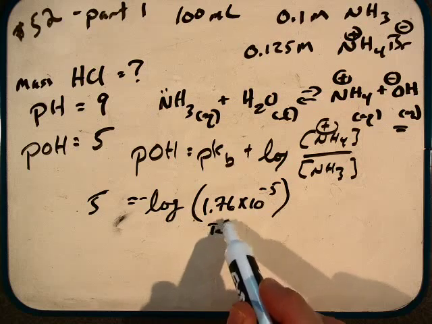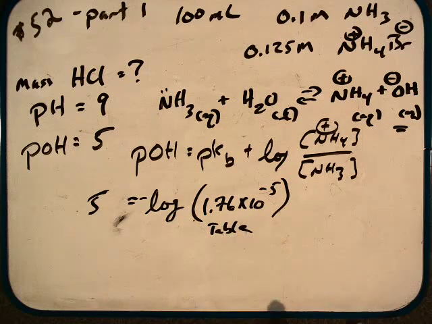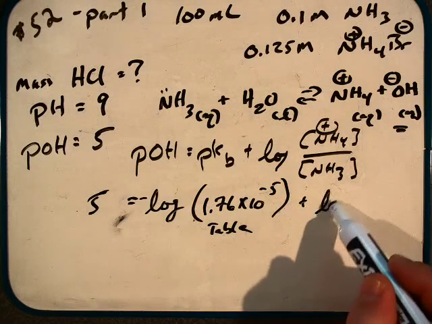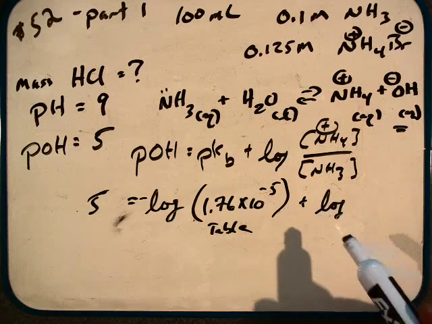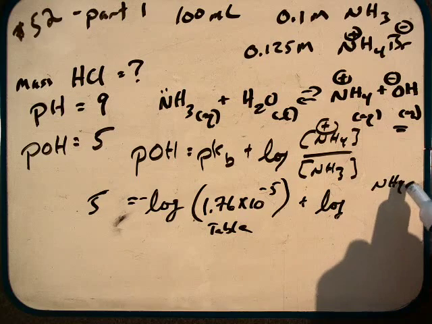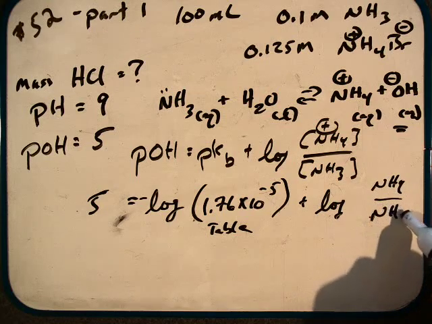Now our Kb we're going to have to get from a table. That 1.76 times 10 to the negative fifth comes from the Kb table, and then we would add the log of again this ratio, NH4 to NH3.